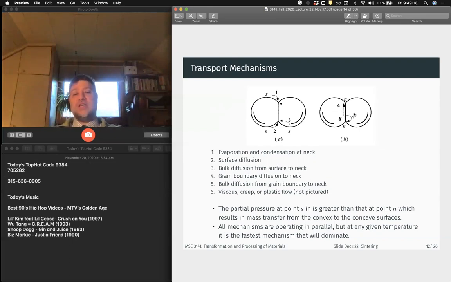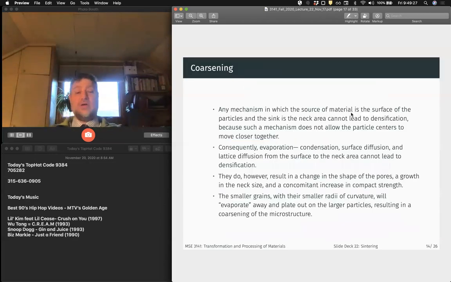So that means these two particles have to move closer together, leading to densification. So that means evaporation, condensation, surface diffusion, and lattice diffusion from the surface to the neck are not what we want if we want to make a dense compact.